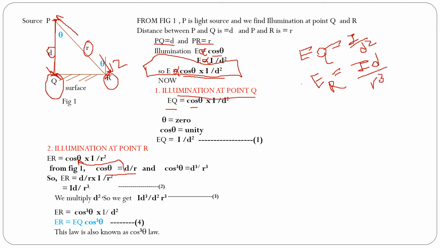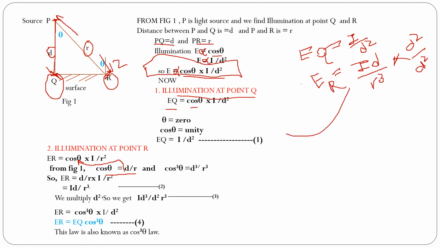What I'm going to do now is multiply the upper side and the lower side by d square.